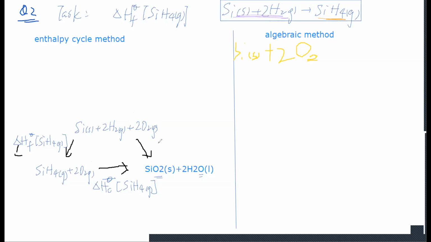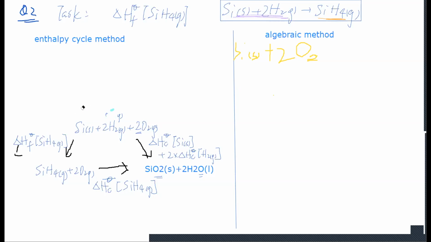How about this? Finally, SiO2. So you will use one O2, and for the other one, H2O, you are going to use another O2. So here comes 2O2. So what is that? It is delta H of combustion of Si solid plus 2 times delta H of combustion of hydrogen.